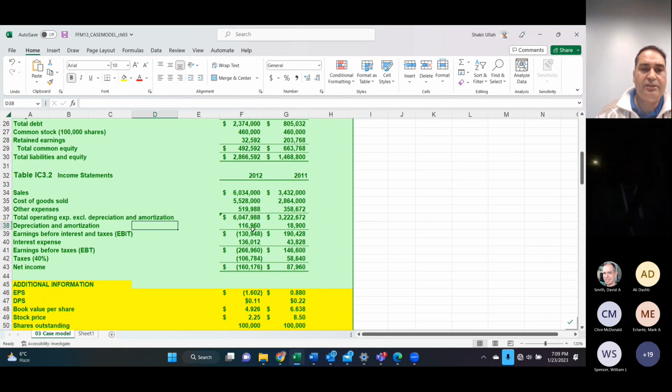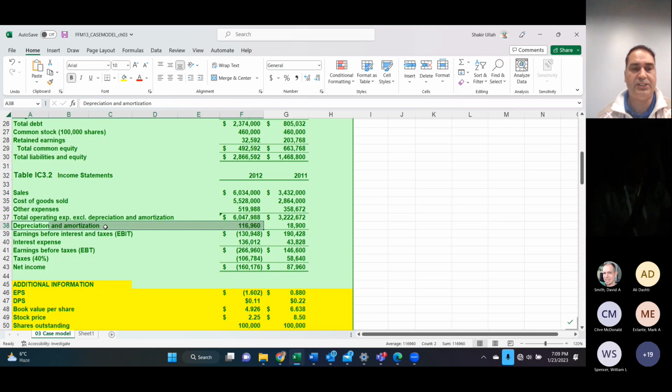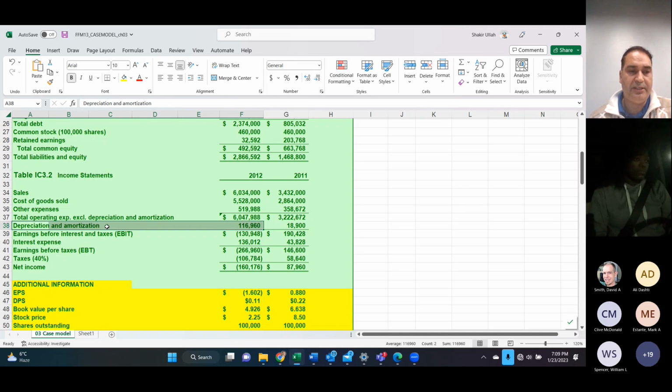And then you have depreciation and amortization. Depreciation is for long-term assets, fixed assets, and depletion is for natural resources, and amortization is for intangible resources like a patent that you've purchased or a copyright that you have. Those also depreciate with the passage of time, but that depreciation is called amortization. The concept is the same.